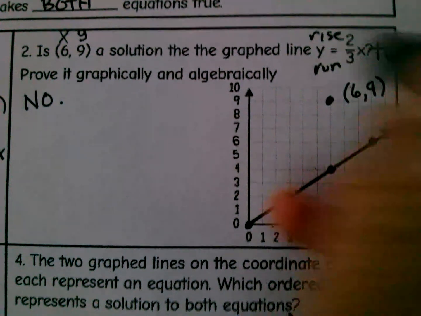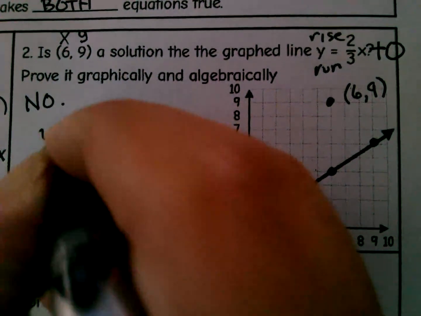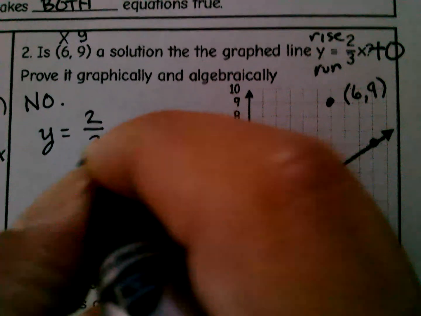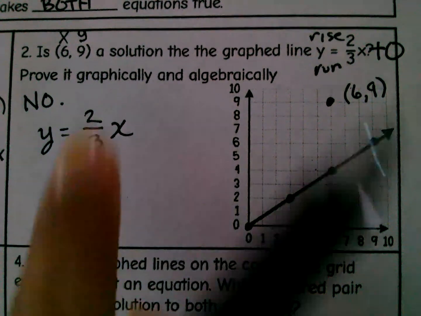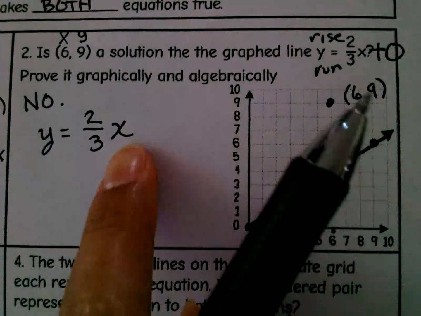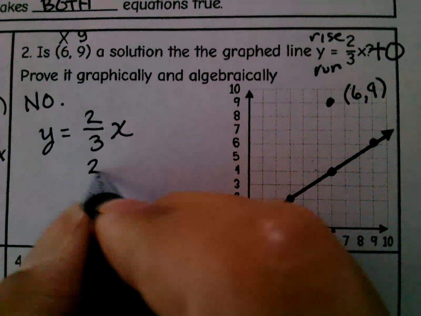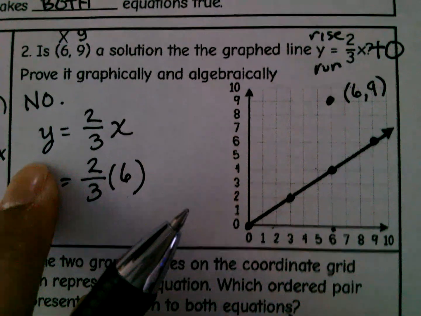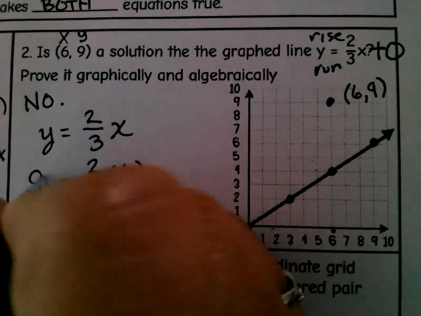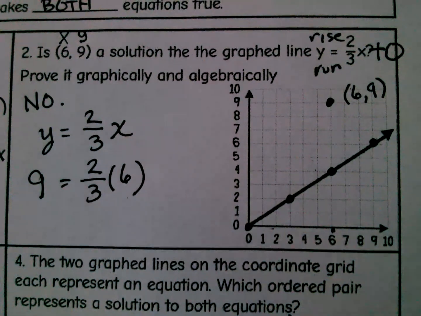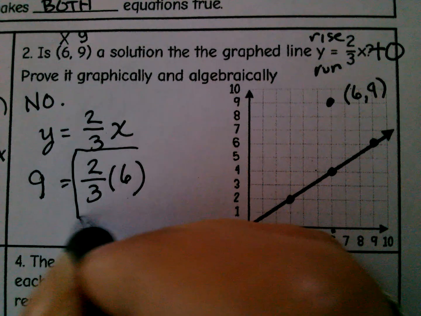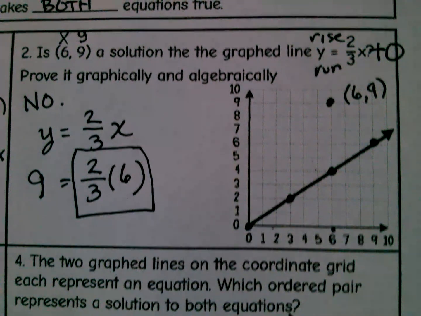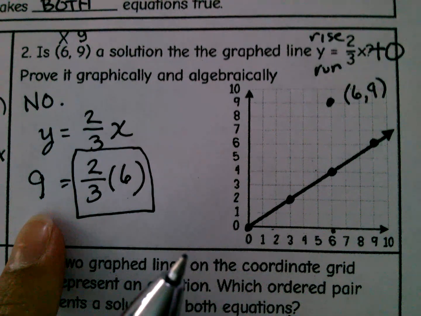But let's prove it. So I'm going to take my equation, I'm going to plug in the x, which is a 6 in here. I'm going to plug in my y, which is the 9. And then all you have to do is look at the problem part and check if it's giving you a 9.